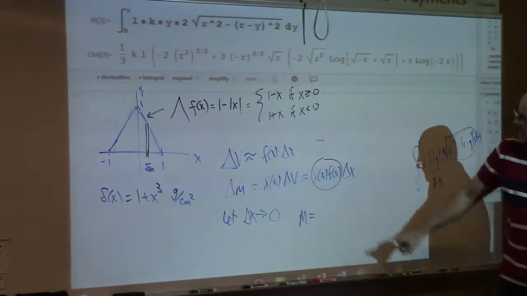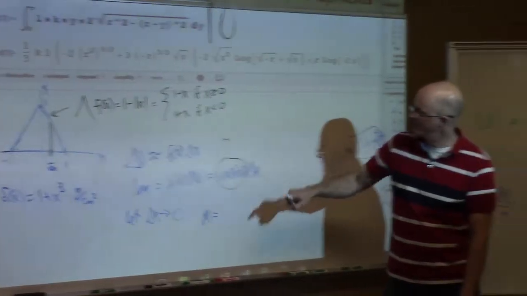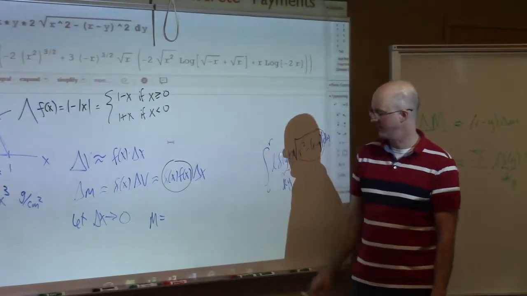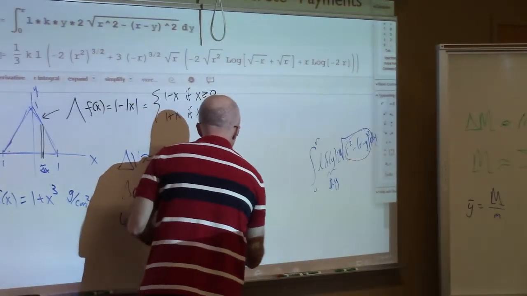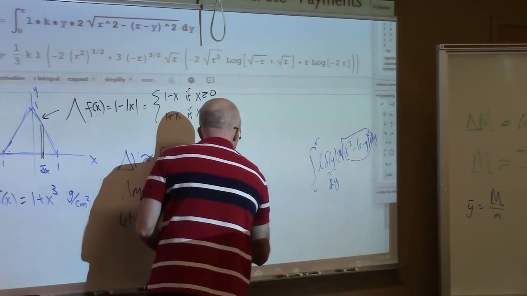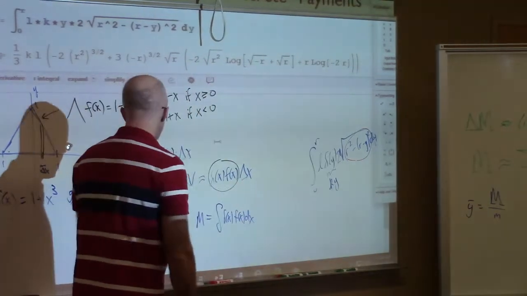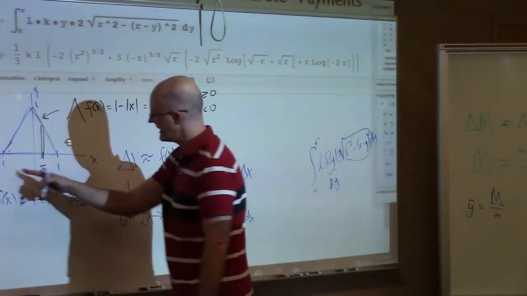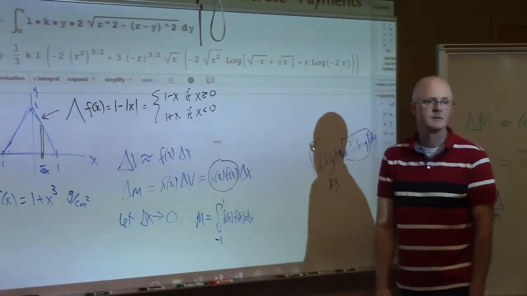You're adding up things of this form. It looks like a Riemann sum for that function that I circled. That would be the function you integrate. So the integral is going to be an integral of delta of x times f of x as x goes from -1 to 1. Look at the picture there. x varies from -1 to 1.